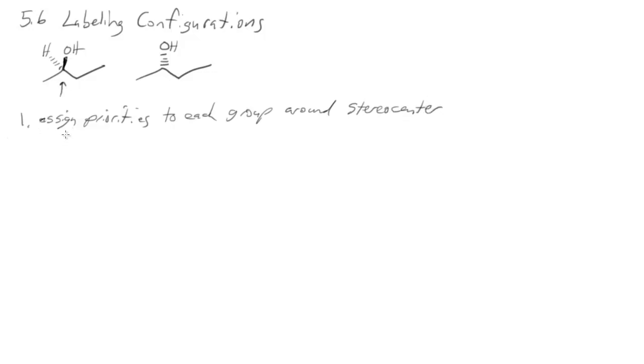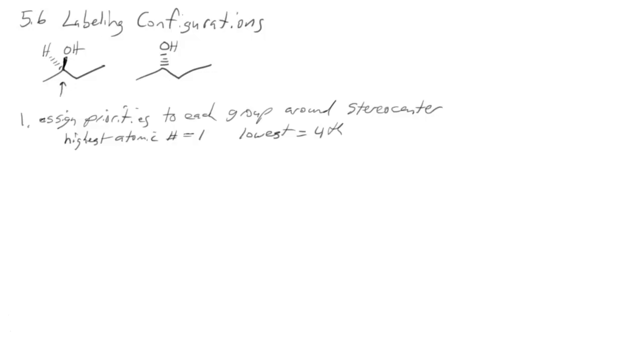And the basic rule for that is that they go by atomic number. So highest atomic number equals first priority. Lowest atomic number will equal the fourth priority.